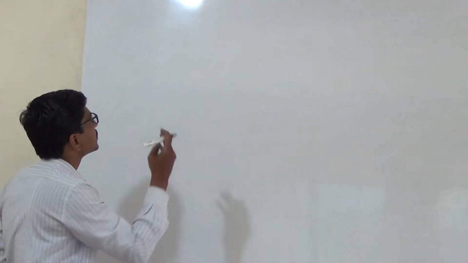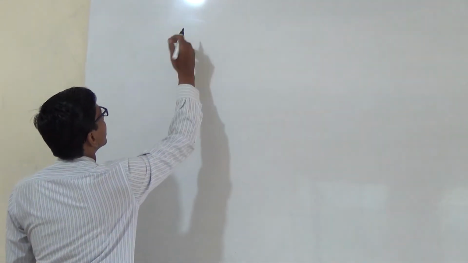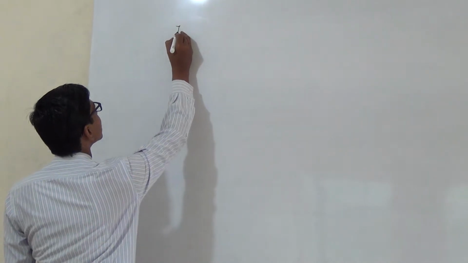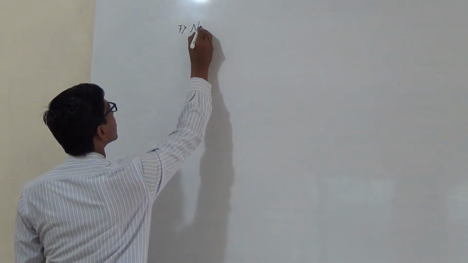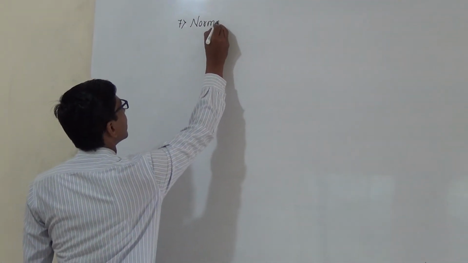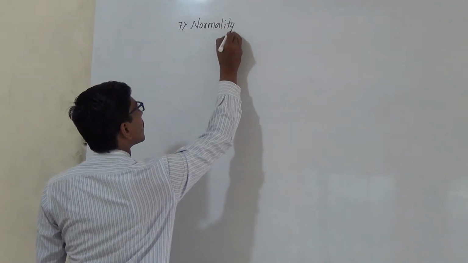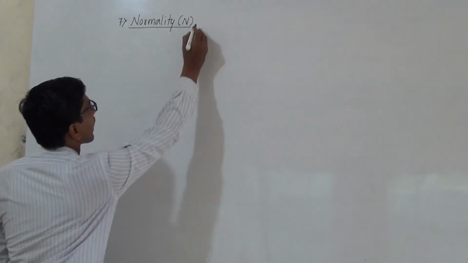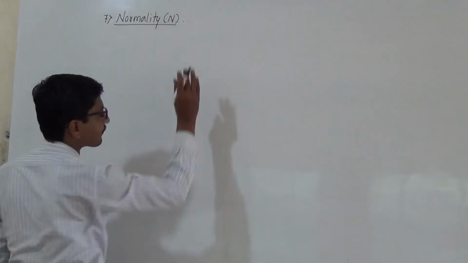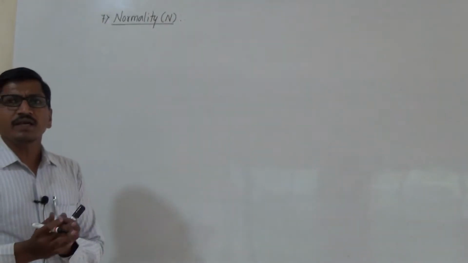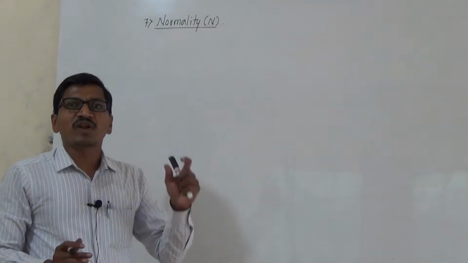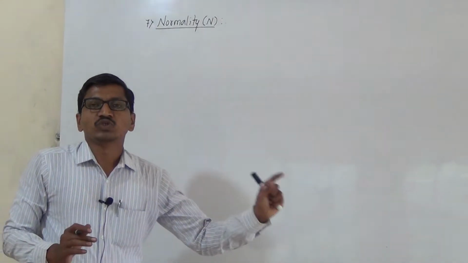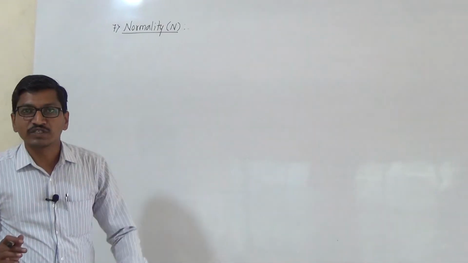Next concentration term is normality. It is denoted by the symbol capital N. Normality is the number of gram equivalents of solute present in 1 liter of the solution.